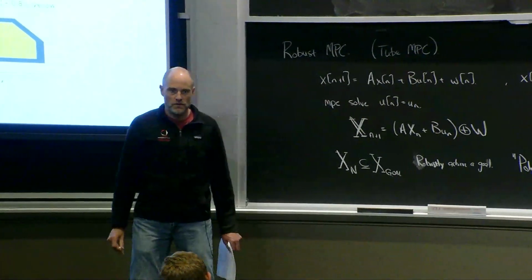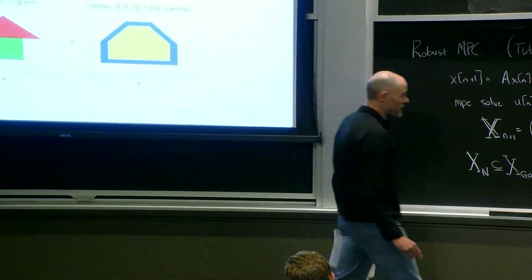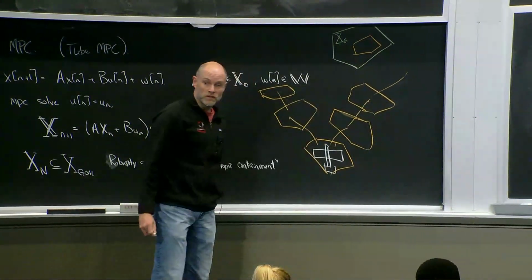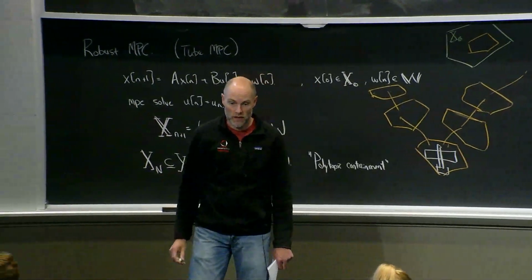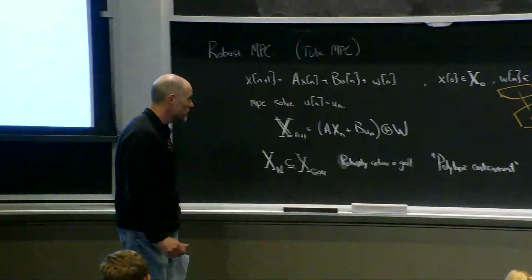Okay, so that can be done completely with convex optimization. I'm going to find a series of u's which navigates me to a subset, and is completely inside that subset. That's pretty beautiful.